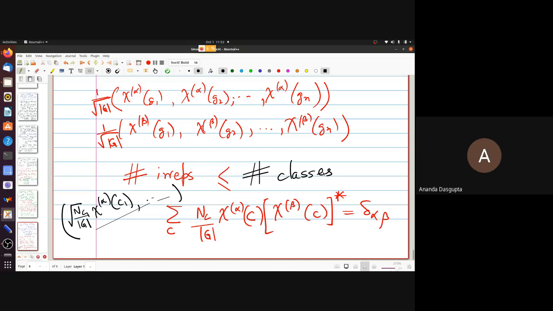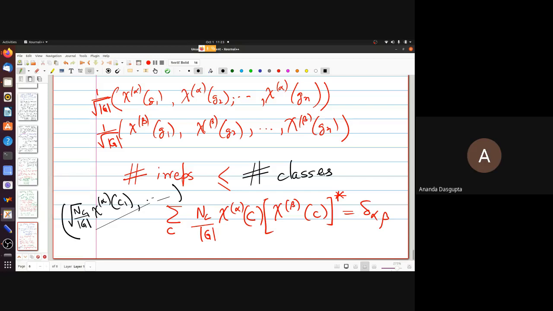And since the group typically has fewer classes than elements, most groups do, except for Abelian groups. In Abelian groups, of course, every element has to sit in its own class, right? Because when you do H inverse G H in an Abelian group, you can always jump across the G and cancel H inverse, which means the only element which is conjugate to G is G itself.